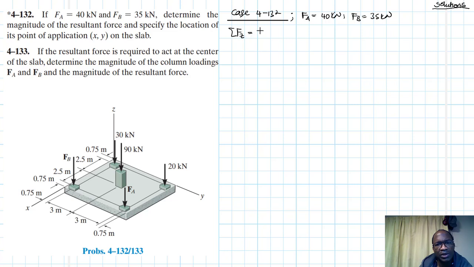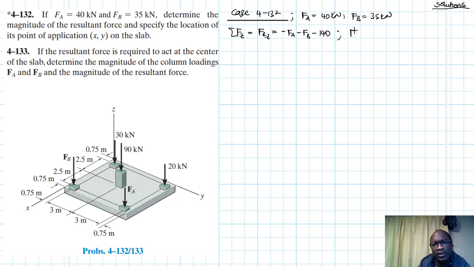This is going to be equal to FRZ, this resultant in the z-axis, minus Fa. I'm saying minus because they are in the opposite direction of our z axis, minus Fb, and then minus, I want to add the rest, 30 plus 90, that is 120 plus 20, that's 140. Great.